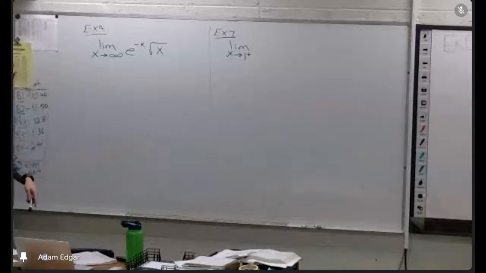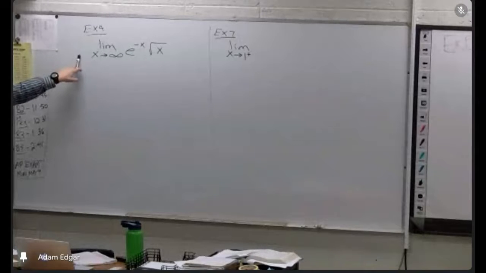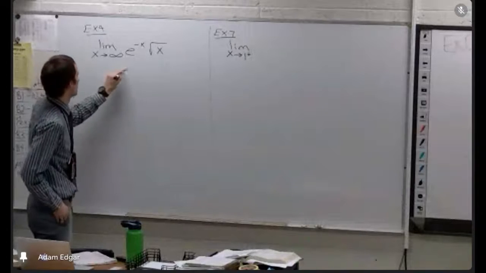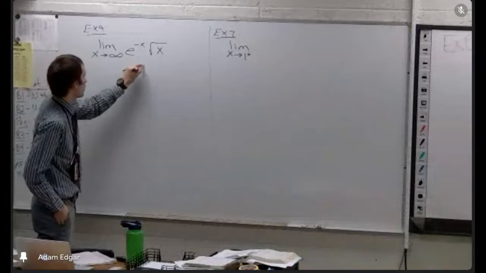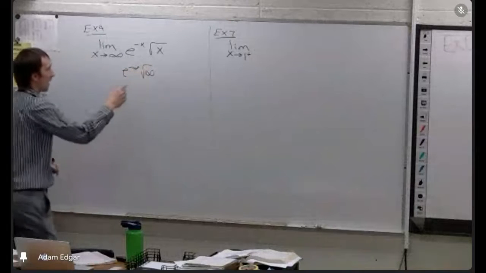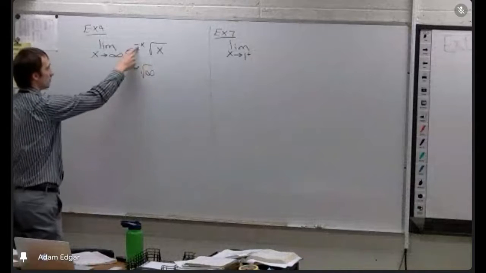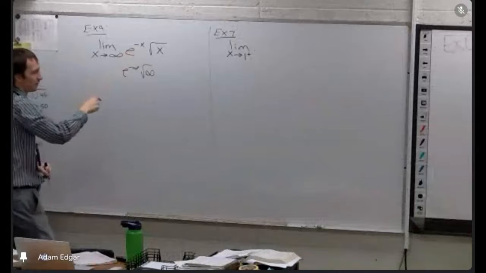All right, so today we're going to look at weird situations with limits. Example: if we try to do the limit directly, we get e to the negative infinity times the square root of positive infinity.